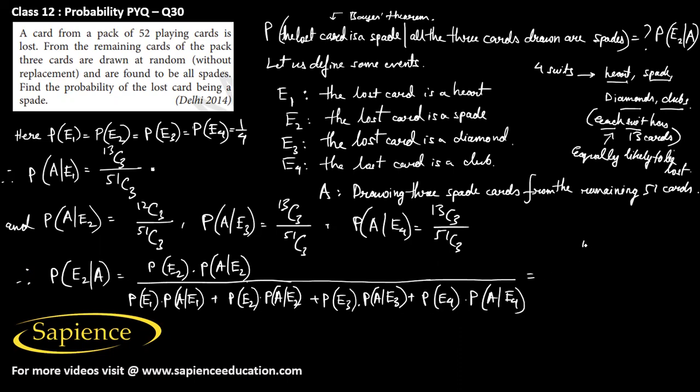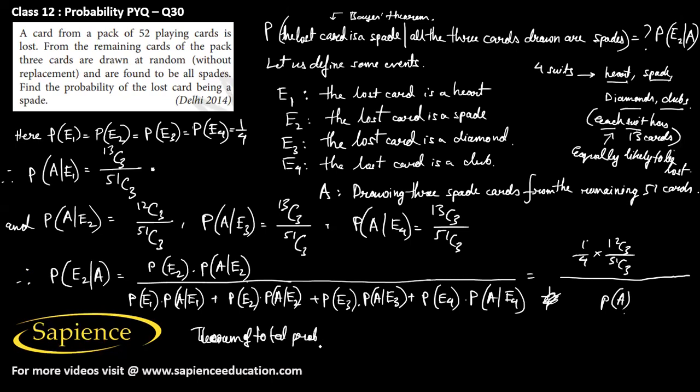So this will be 1 by 4 times 12C3 divided by 51C3, divided by this whole thing, which will be 1 by 4 times... So now this we can call P of A. Here we are applying the theorem of total probability, where this P of A can be written as this whole thing.